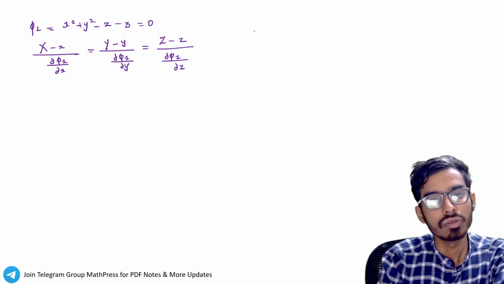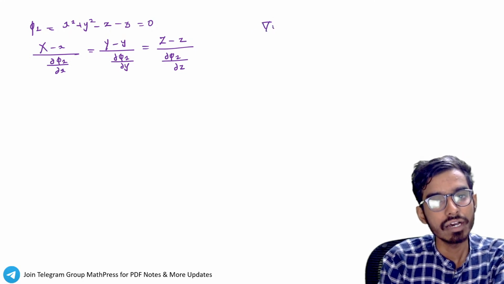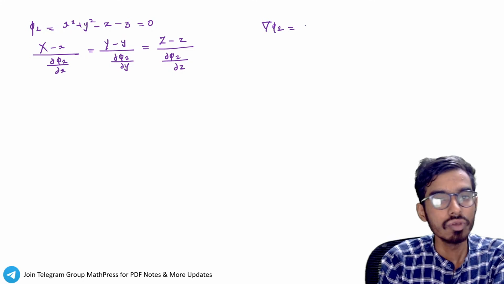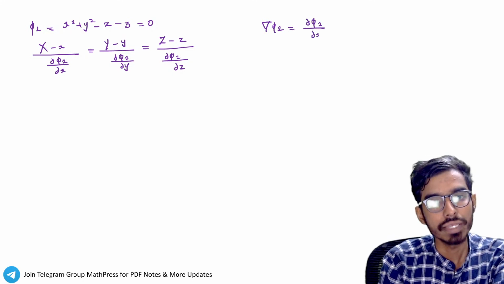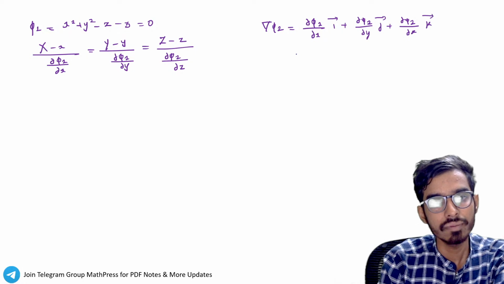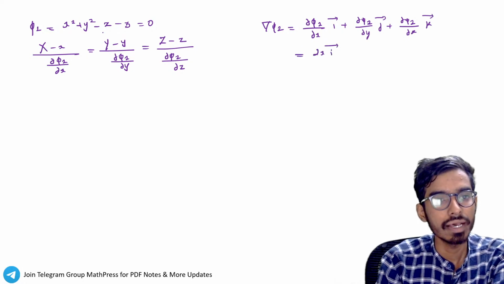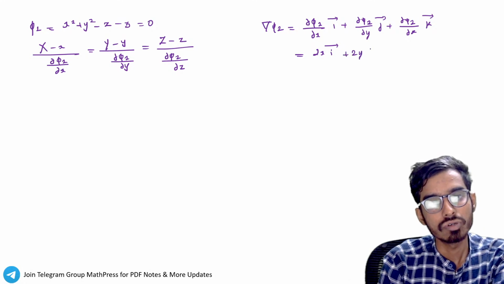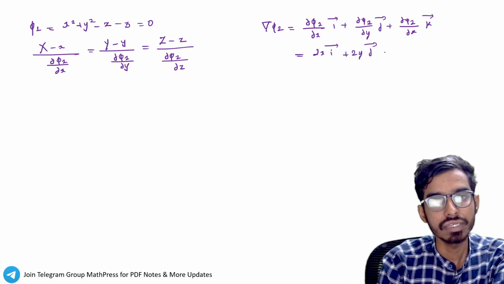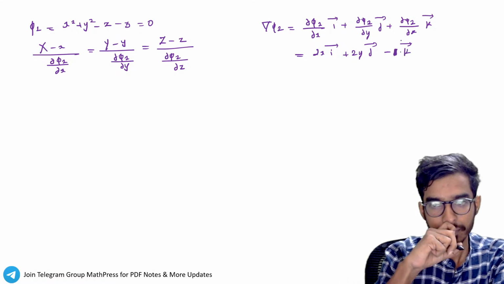Now here we will find grad phi2, which is dou phi2 by dou x i vector, dou phi2 by dou y j vector, dou phi2 by dou z k vector. With respect to x, this will be 2x i vector, with respect to y, 2y j vector, with respect to z, it will be minus 1 times k vector.